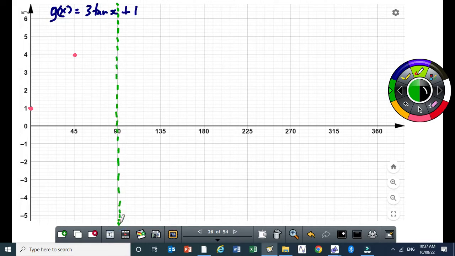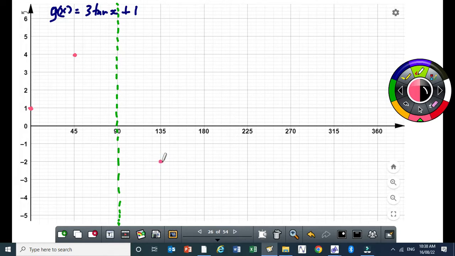Okay, this is quite interesting. Then we have got 135. Now, at 135, if I put 135 where there is x, tan 135 gives me -1. -1 times 3 will give me -3, plus 1, I'll get -2.